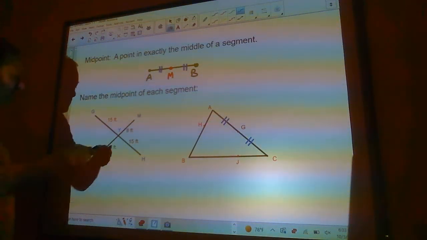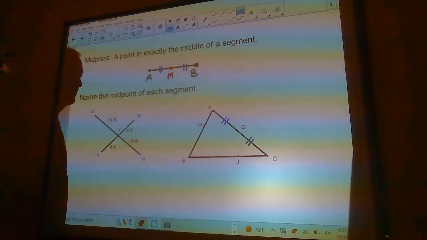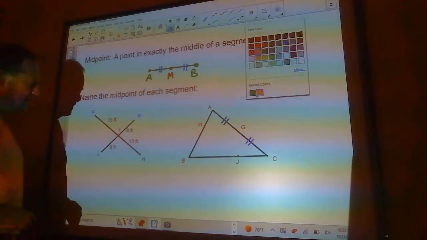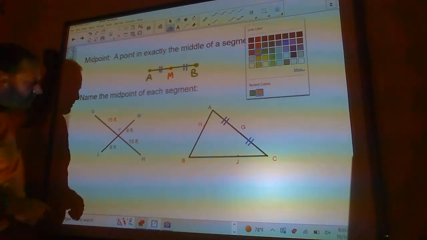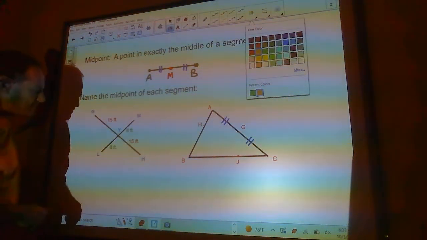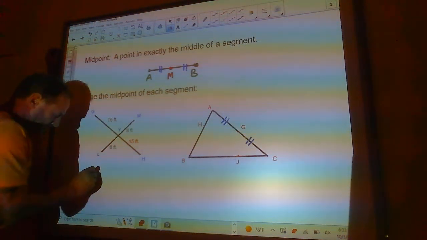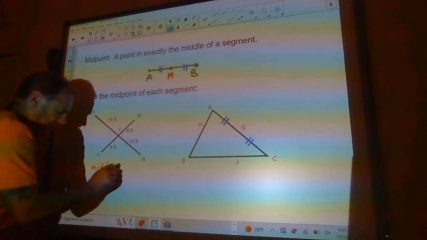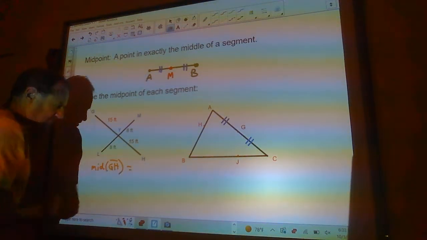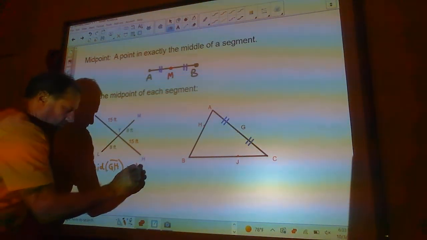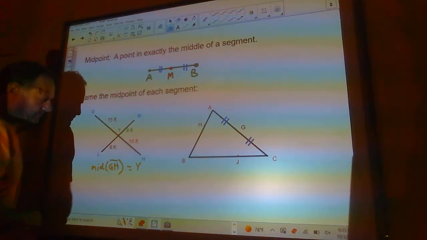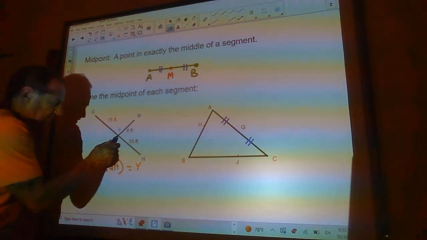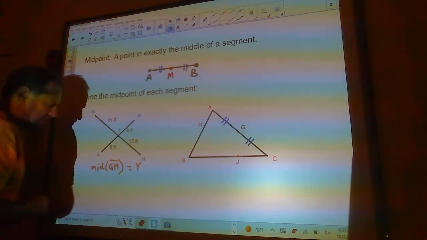Okay, so we're going to look at this right here. Name the midpoint of the segment. Think about it for just a second. The midpoint of GH would be Y, because it's 15 feet from G to Y, and it's 15 feet from Y to H. So Y is the midpoint.